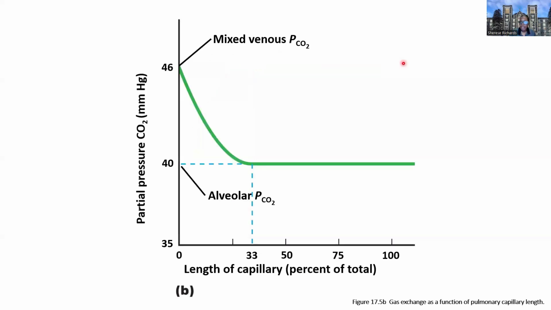Let's compare the same type of movement along the length of the capillary in the opposite direction. This is now looking at CO2. So similarly, we're looking at the partial pressure of CO2 here. It goes from 40 in the alveolus, again, we're moving in the opposite direction this time, 40 in the alveolus to 46 in the pulmonary veins, so pulmonary capillaries here.